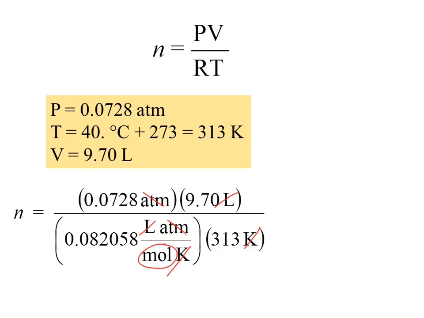Okay, round it to 3 sig figs. So the moles of water that will evaporate at that temperature based upon the equilibrium vapor pressure is 0.0275 moles. Does this make sense? The next thing you're going to see is to get that into grams.